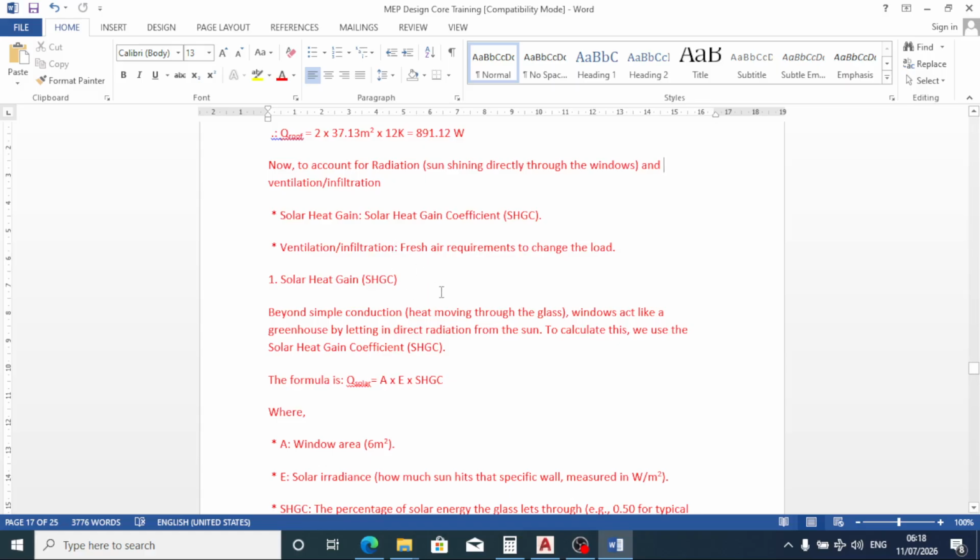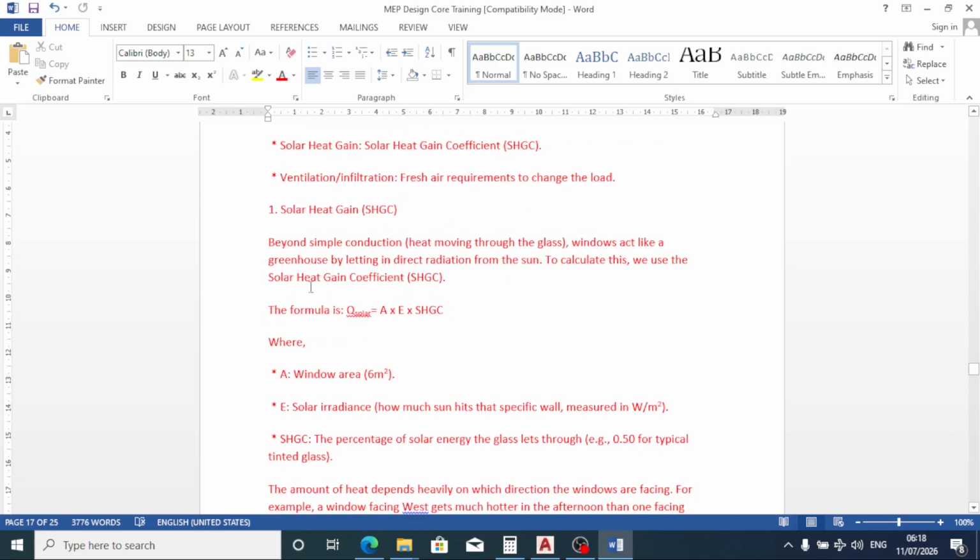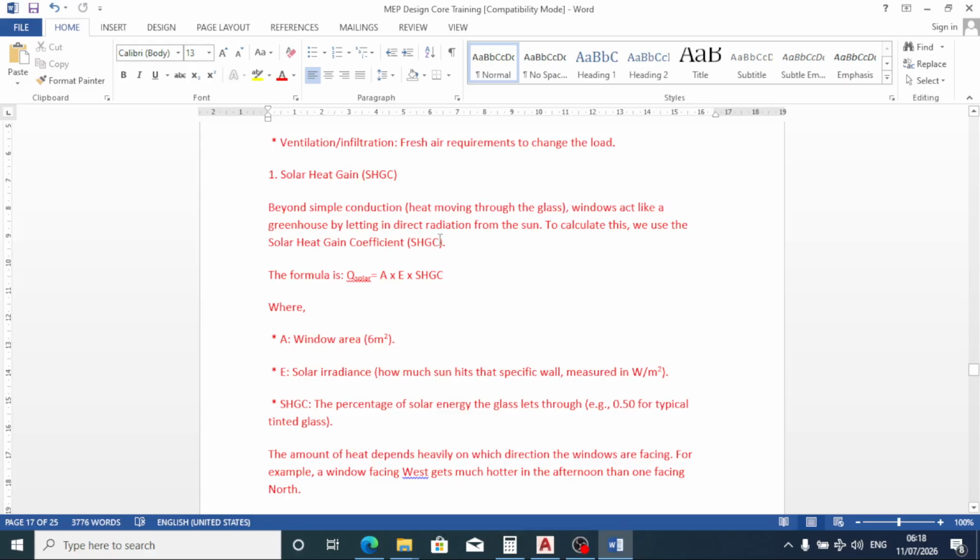This solar radiation deals with the side the glass is facing. That was why initially I told us to take note of west and north when we were computing the area of our windows, so they will come in handy now. Alright, so this is just explanation, and this is the formula to get the solar irradiance coming through the glass.